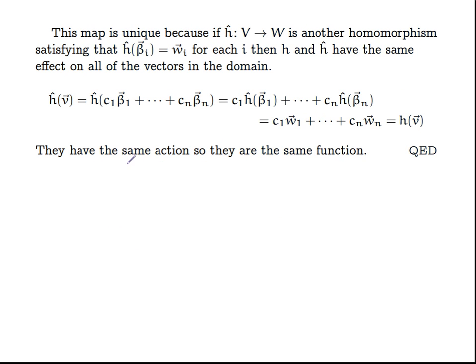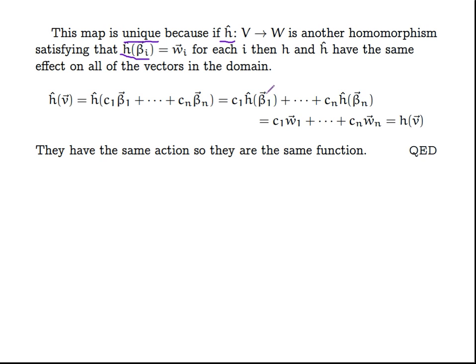All right. The map is unique because if I had another homomorphism h hat that also satisfied this same property, that h hat of beta i is equal to wi, then h and h hat have the same effect on all vectors in the domain, because for h hat of v, I could express v in terms of this basis. By the linearity property, h hat operating on this should be equal to a linear combination of the images of all the beta i's.